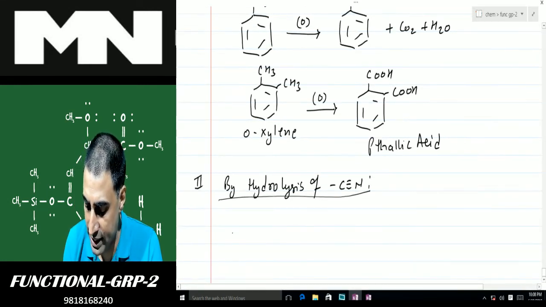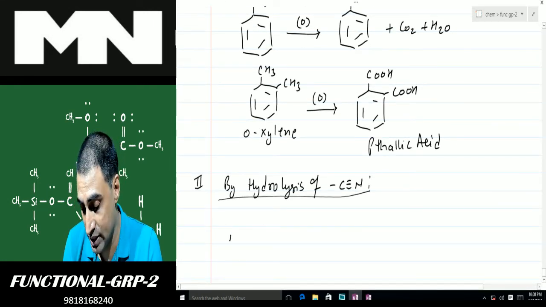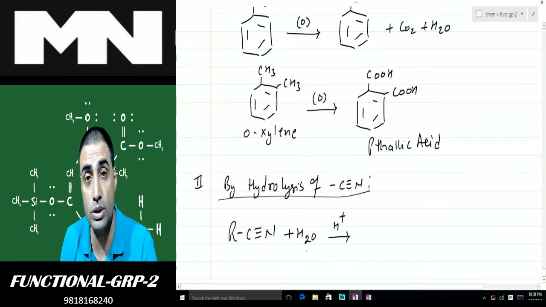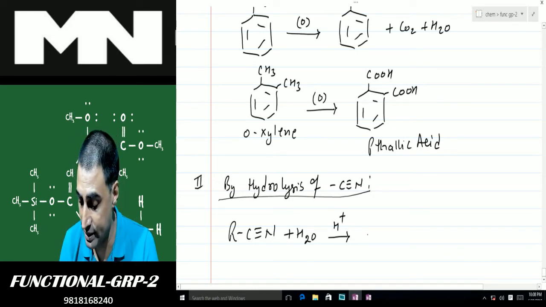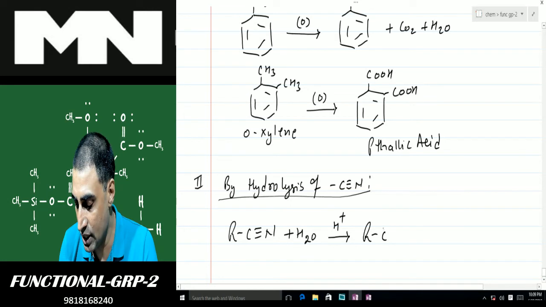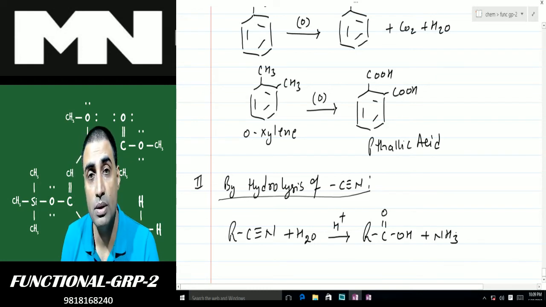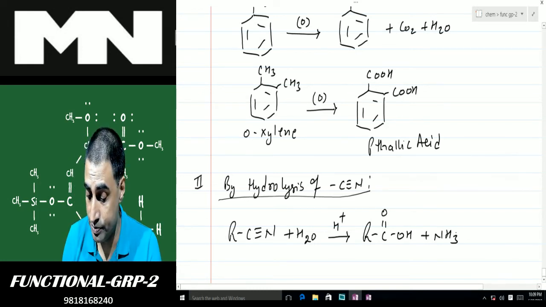So if you react an alkyl cyanide, that is RCN, with a dilute acid. When I am saying dilute acid, although I am not balancing water molecules here, you keep in mind that two water molecules are reacting. I will get RCOOH plus NH3. That is carboxylic acid and ammonia.